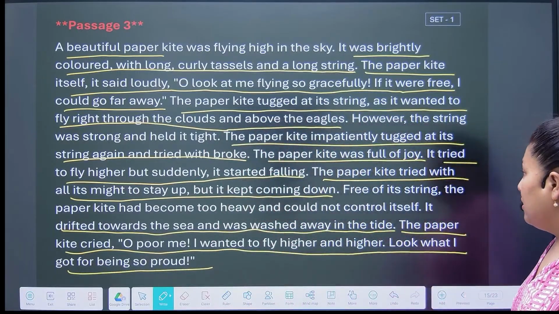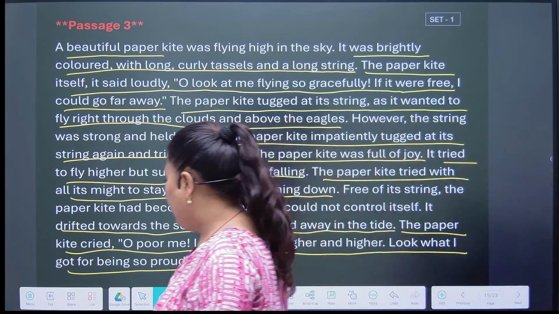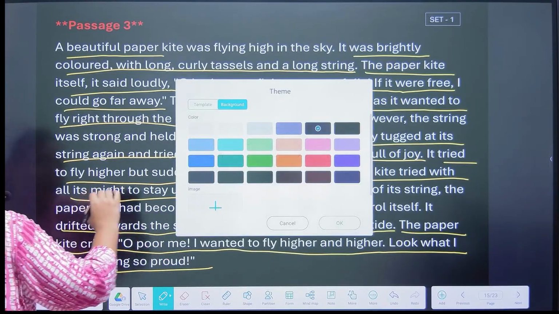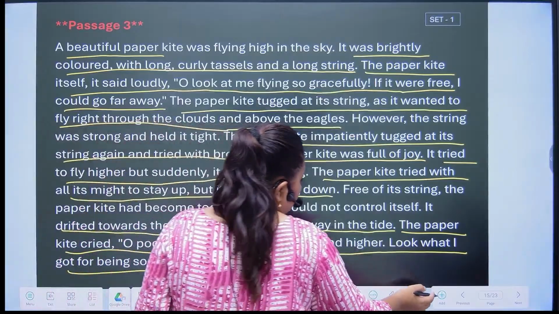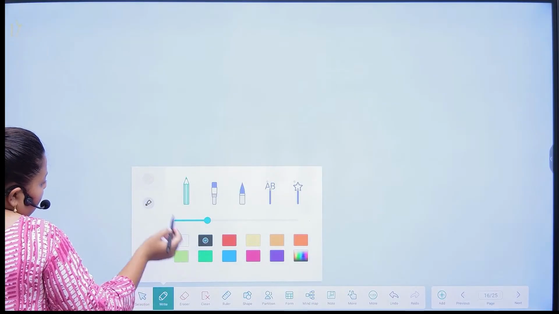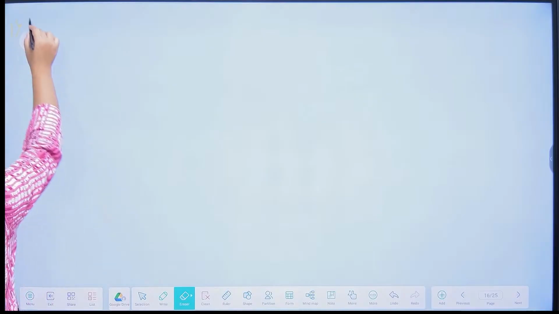Okay, so the questions are done. Now we will learn some synonyms and antonyms of important words from this passage. So the first word is gracefully.